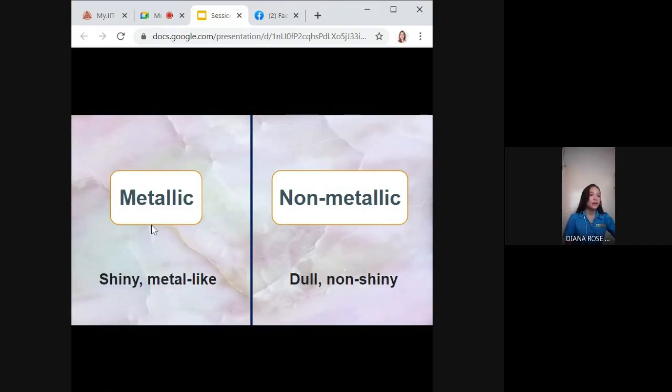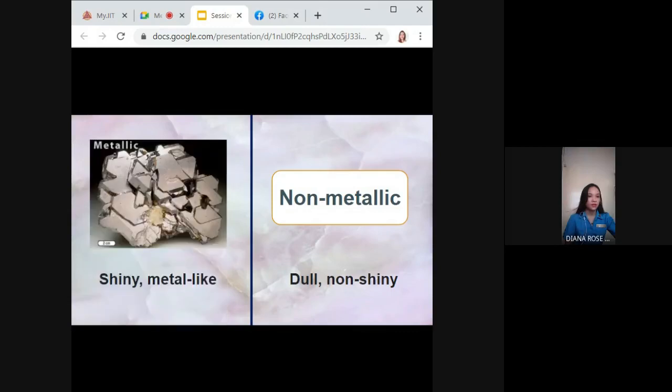Metallic is when minerals exhibit a metallic luster and look like metal, such as a silvery appearance or that of a flat piece of steel. And then non-metallic luster is the type of luster for minerals that do not look metallic, or it is dull or non-shiny.